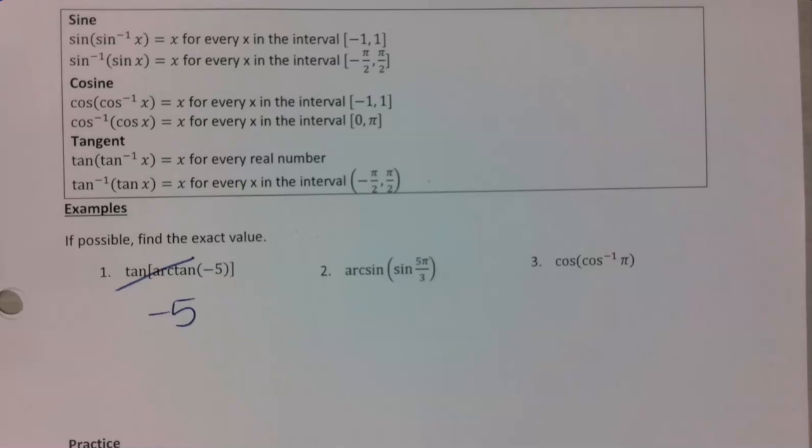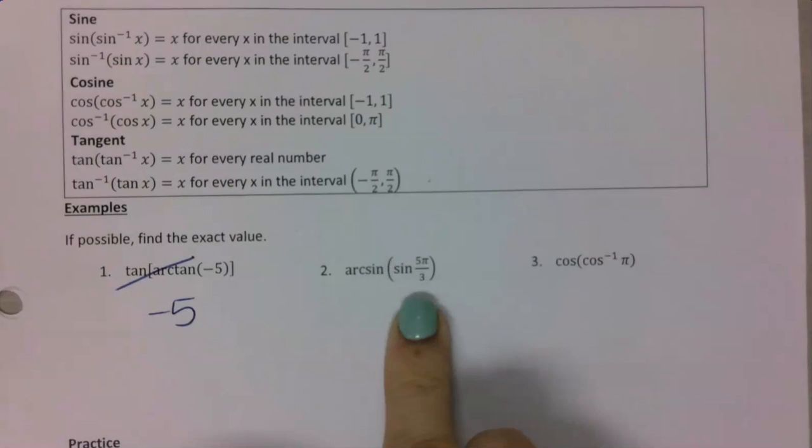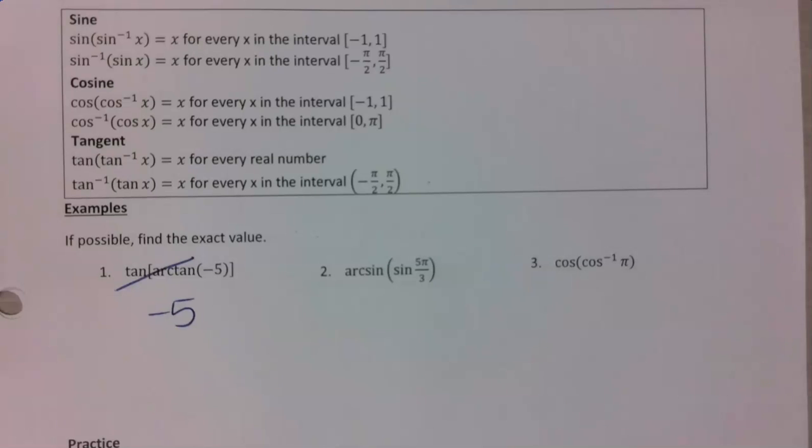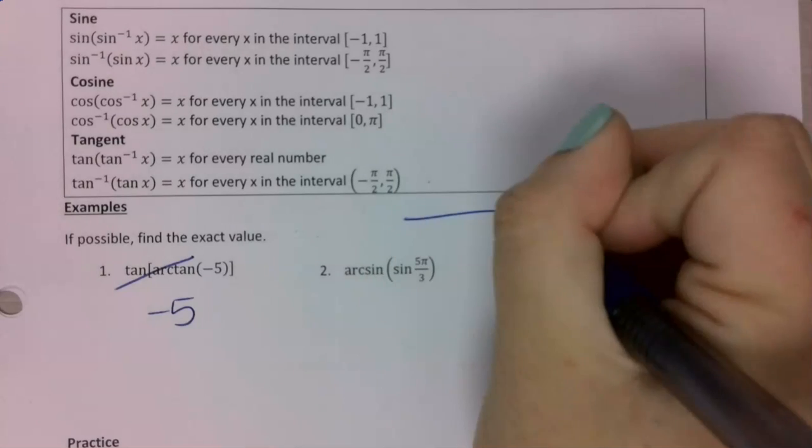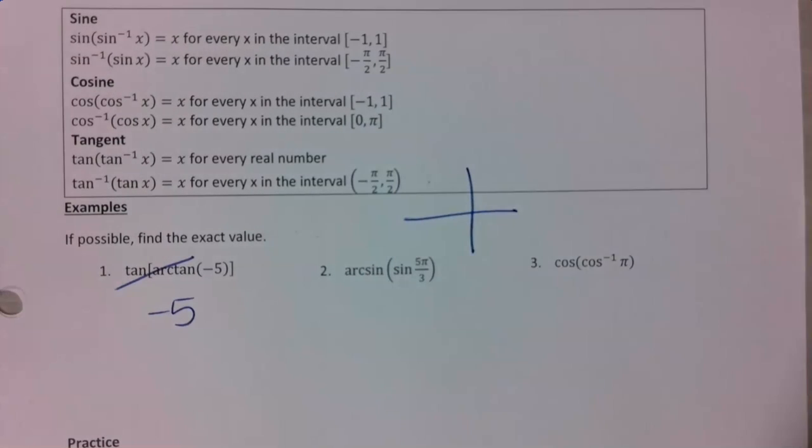Okay. So next one. This one I'm finding sine first. Is 5pi/3 in between -pi/2 and pi/2? No? Where is 5pi/3 on here?